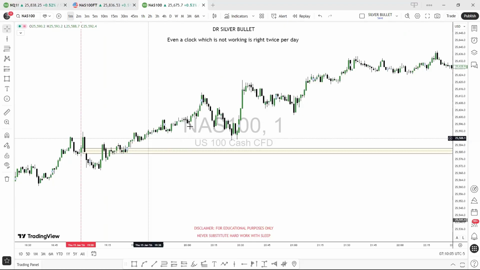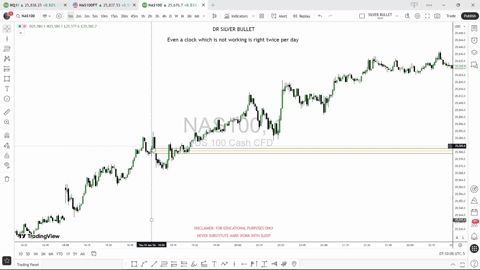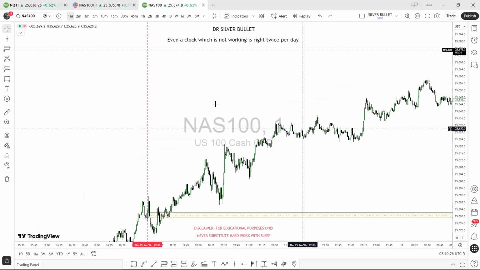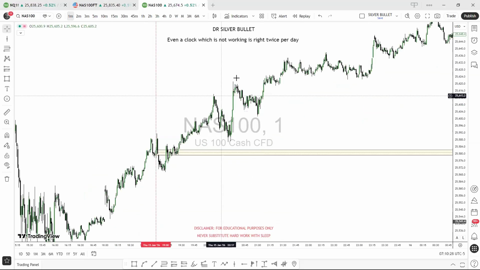If you wanted to wait for a liquidity sweep and shift in market structure, you were going to find it here. This will be your shift in market structure. Then the market came down here into this range. Then you were going to enter using these levels here to go up there. This was the first TP, the second TP is up there.